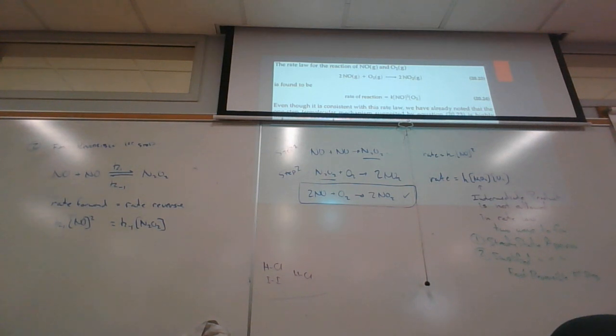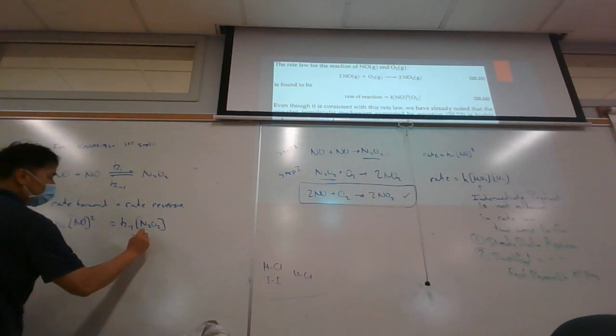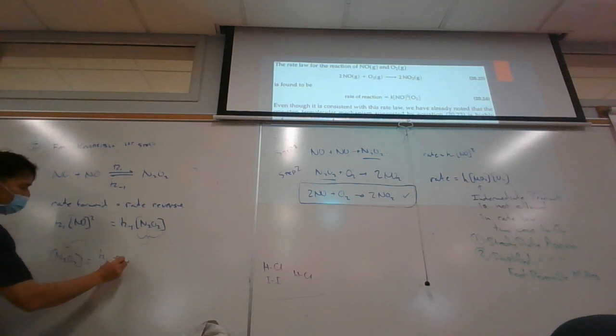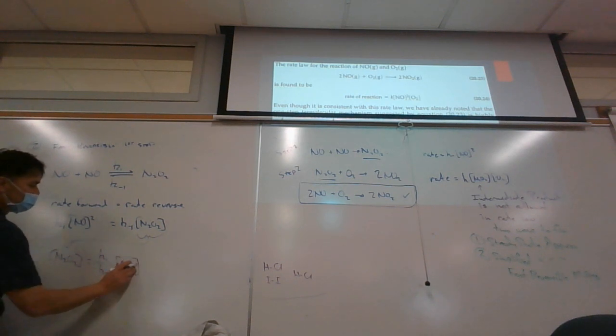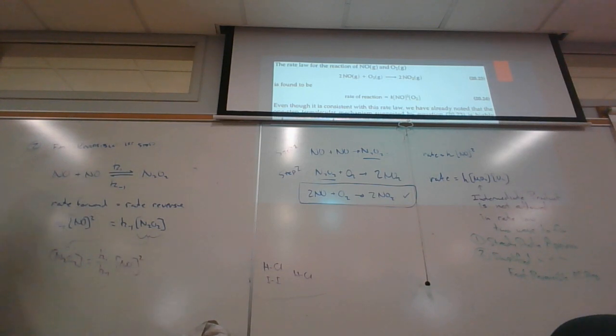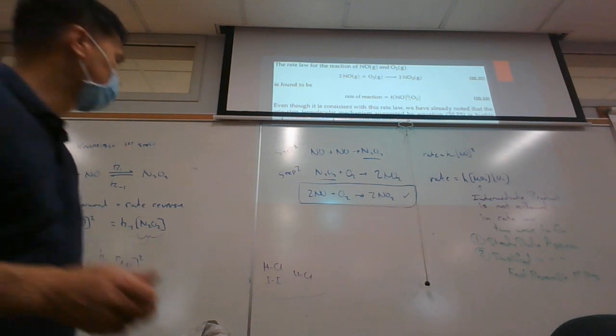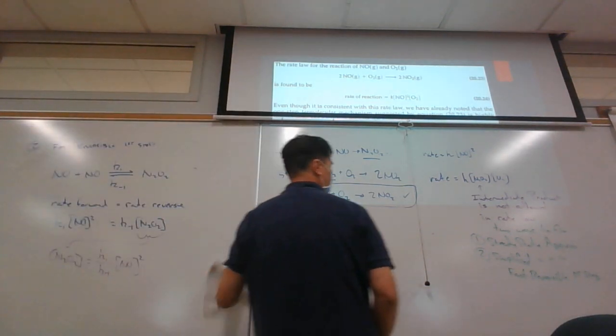And then what we do is we solve for N2O2, the intermediate. So we solve for this, so that we get the N2O2 is equal to K1 divided by K minus 1 times the NO concentration squared. Then what we'll do is we'll substitute that in to the rate law from the RDS.